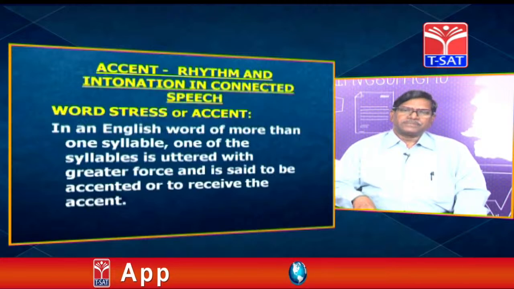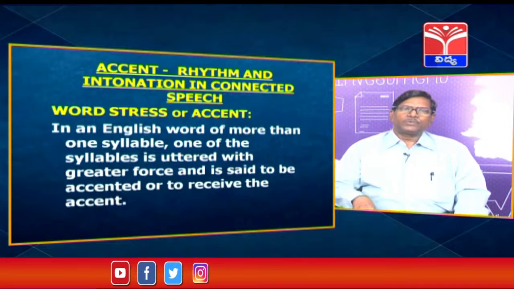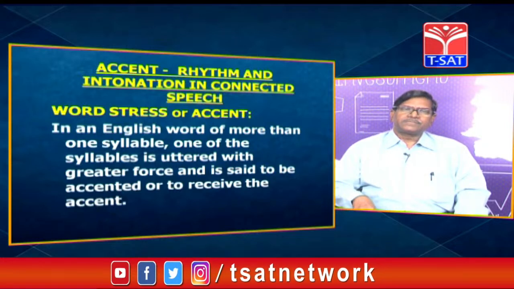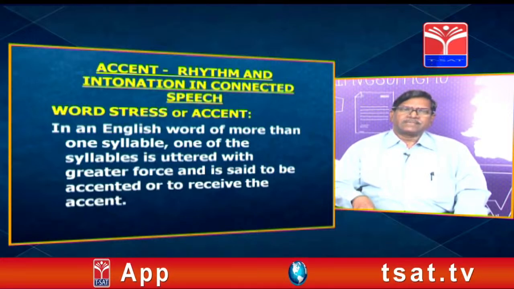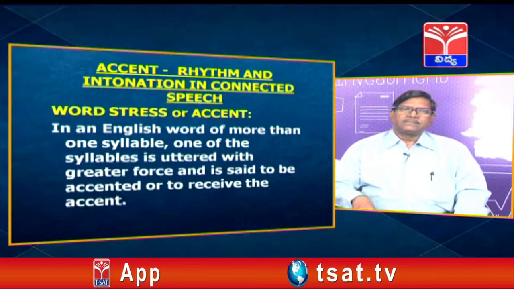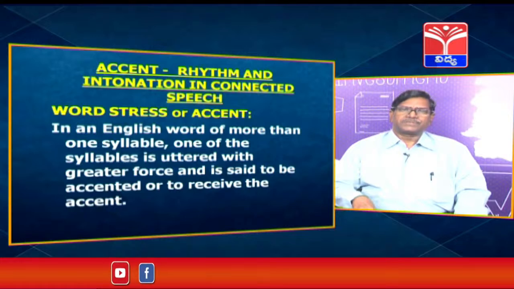With regard to accent, there are two aspects mainly. One is word accent or stress, and the second one is sentence stress or sentence accent. Now, let us discuss word stress. What is word stress?